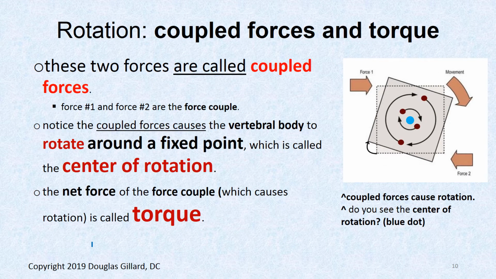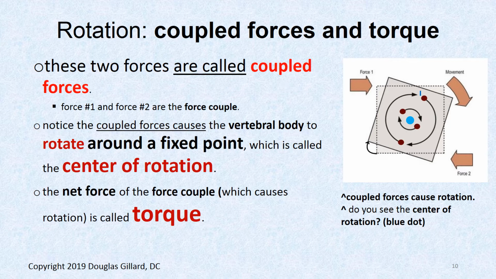So coupled force and torque. These 2 forces sometimes are called coupled when you have 2 forces going in a different direction applied on an object and they cause it to rotate. You can add those forces, but those are coupled forces. That's all I'll say about that.